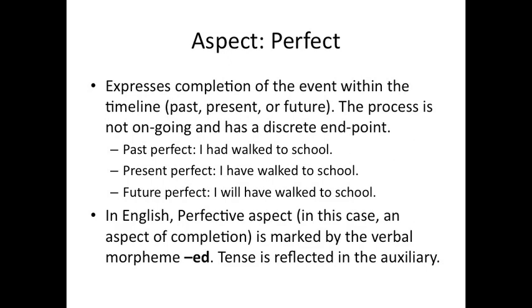So for past perfect, you have this auxiliary, and you notice it's conjugated into the past, had. So had walked, so past perfect. For the present perfect, you have have, which is present, and then you have the ed for the perfective aspect. So that's going to be the present perfect.